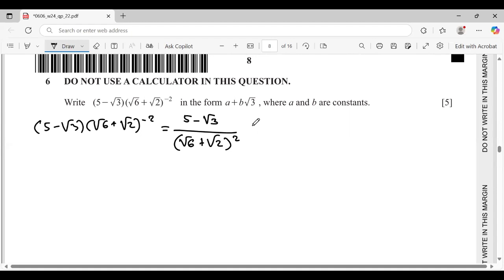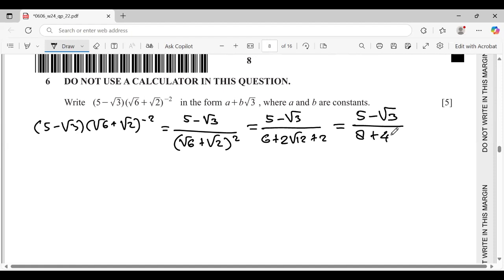So it becomes, I would like to expand this. Okay, becomes 6 plus 2 square root 12 plus 2. So 5 minus square root 3 over 8 plus 2 square root 12. Square root 12 becomes square root of 4 times 3, which is 2 square root 3.